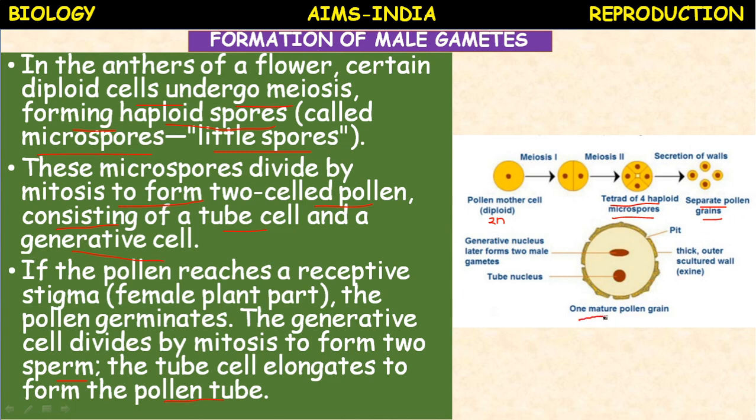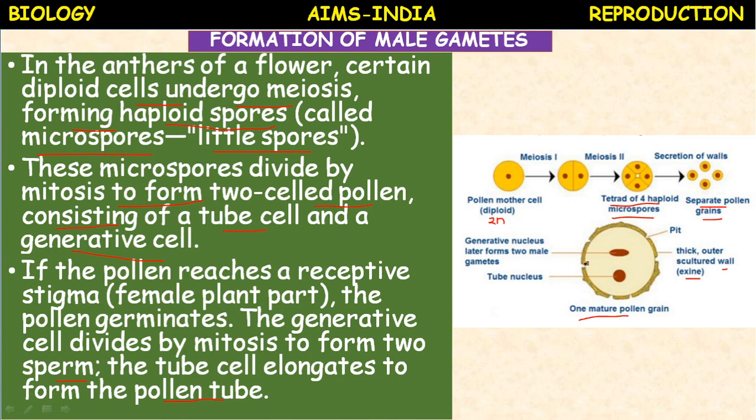If you take one mature pollen grain, the structure consists of two walls, exine and intine. Exine is the outer wall, which is a thick, sculptured outer wall, whereas intine is the inner wall.